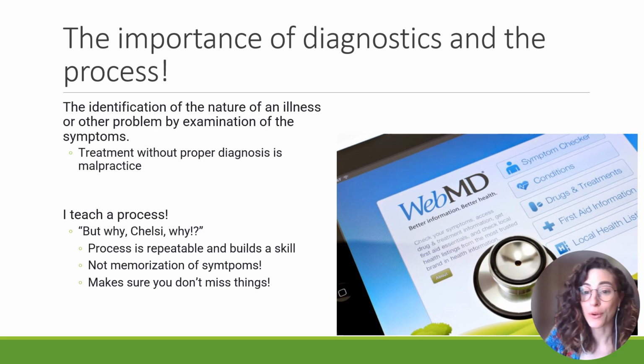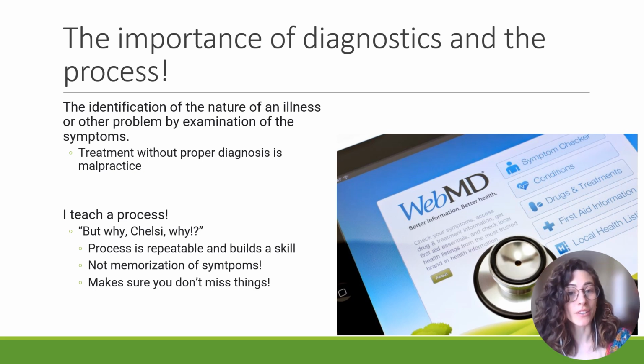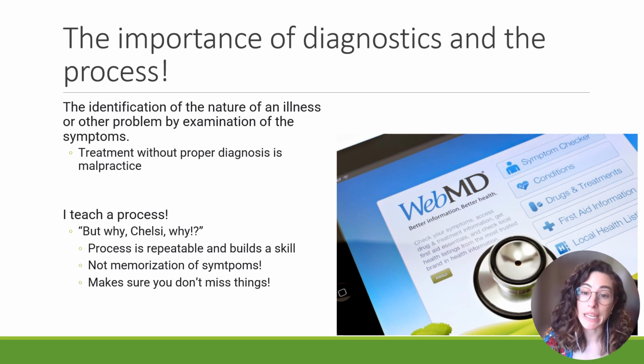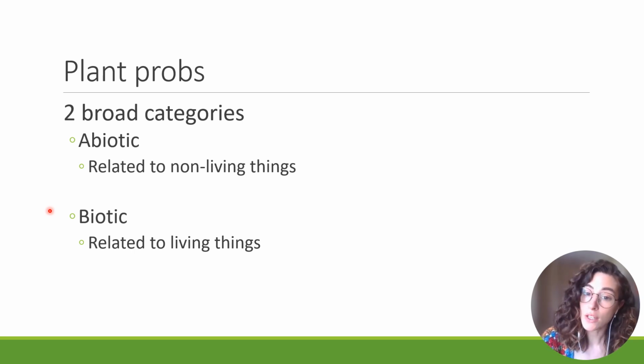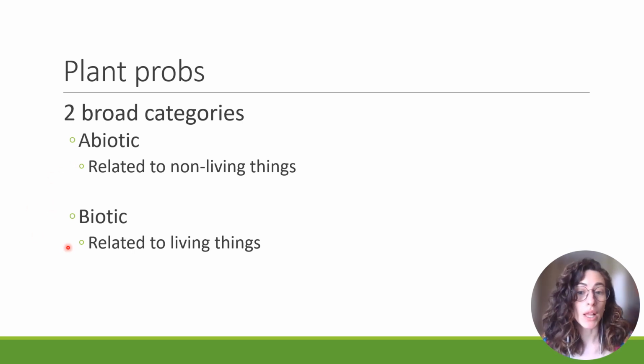All right, so before we get into the actual diagnostic process and breaking it down, I do want to say there are two plant problems that you will come across out in the world, okay? Abiotic and biotic. And I'm sure many of you have already heard these, so I'm not going to spend too much time on it. But basically, the difference between abiotic and biotic is one is caused by non-living things, and one is related to living things.